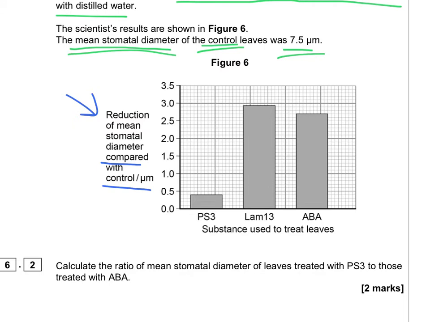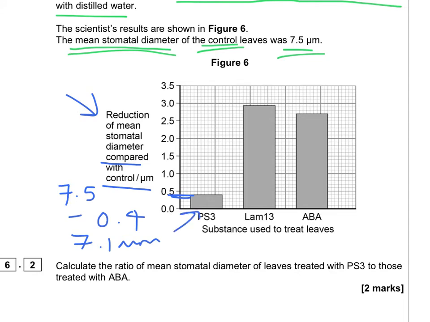So we've got PS3, LAM13 and ABA. It doesn't matter what they are as such, but if I read PS3, that is 0.4. But that's not the figure we're interested in. The figure is compared with the control, so it's 7.5 minus 0.4. That tells us 7.1 micrometers for PS3.